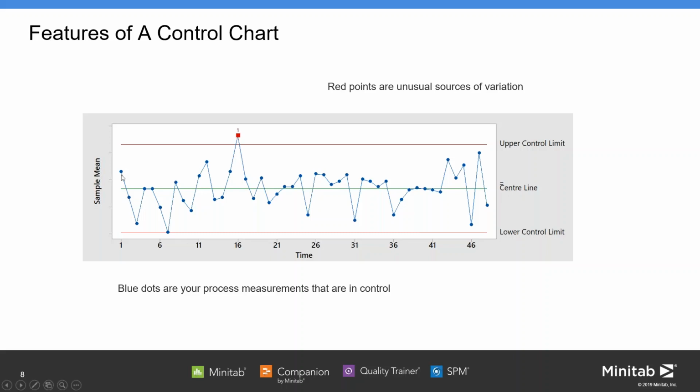Any blue dots that fall within the upper and lower red lines are in control with respect to the size, in terms of whether they're extra large or extra small. If they're extra large observations, they will appear above the upper control limit. If they are extra small observations for your process, smaller than we would normally expect, they're going to fall below the lower control limit.